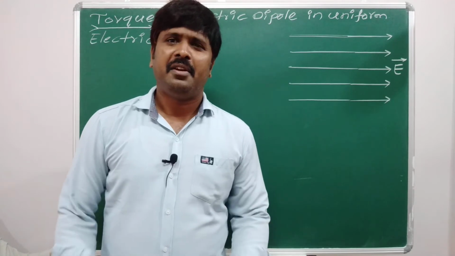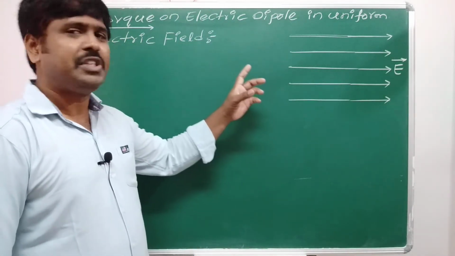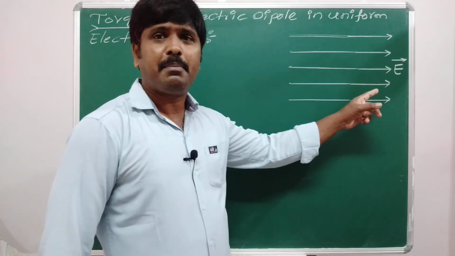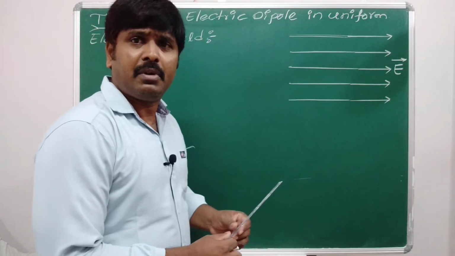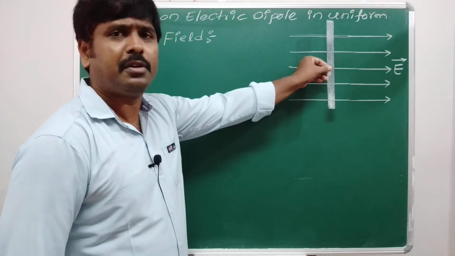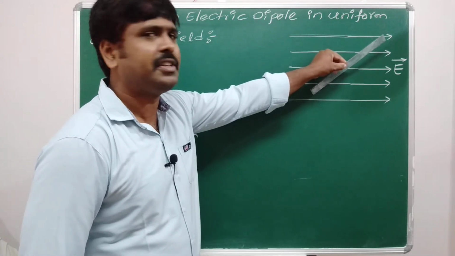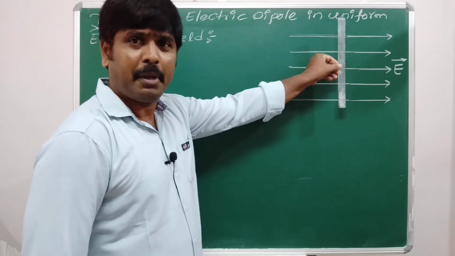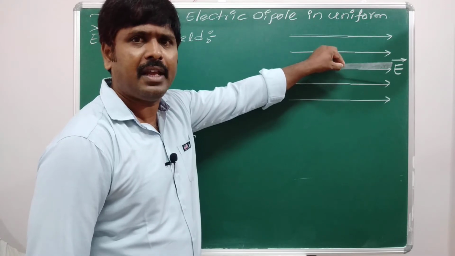See, continuation. Now, torque acting on an electric dipole which is placed in a uniform electric field. This is the uniform electric field. Now the electric dipole is initially perpendicular to the electric field, then it naturally rotates in the direction of the electric field.